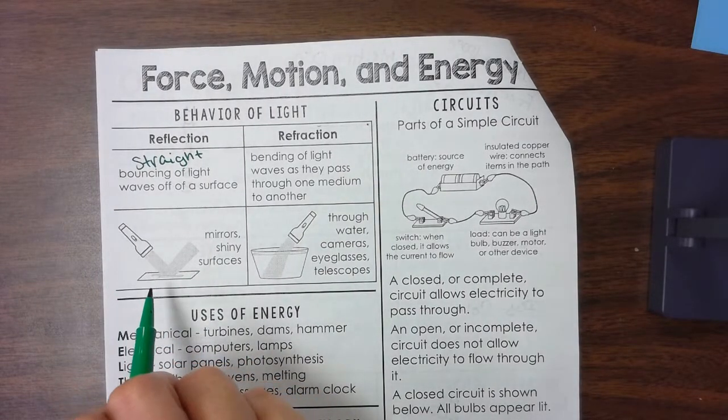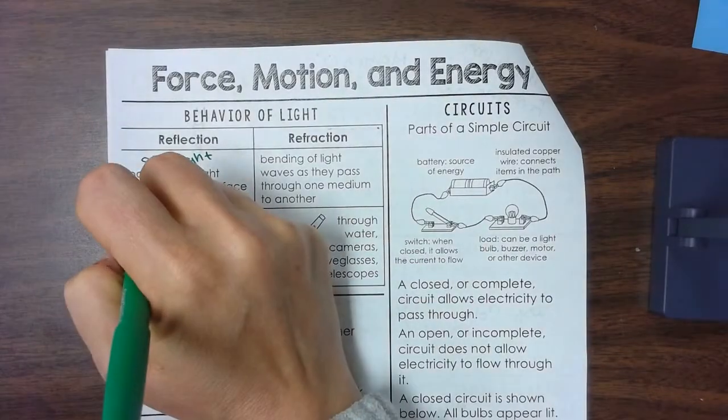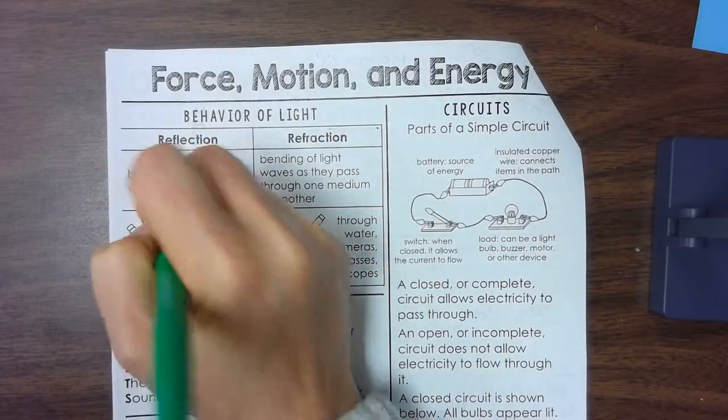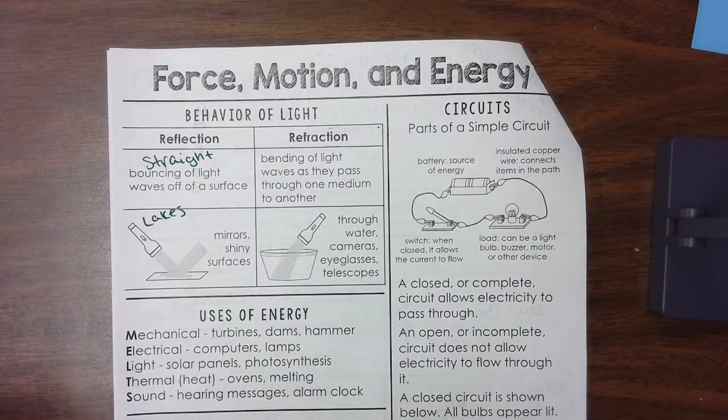Light is always going to bounce when it hits shiny surfaces, such as mirrors. What about lakes? We had a picture where we all kind of bombed that question, where it had a lake and then a mountain in the background, and you could see the reflection of the mountain in the lake. Pretty cool, huh?